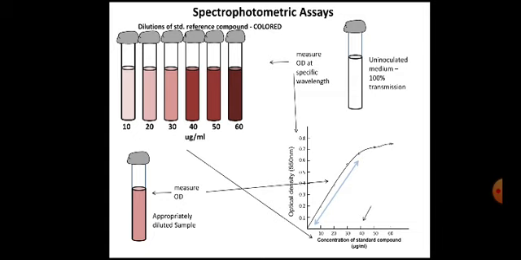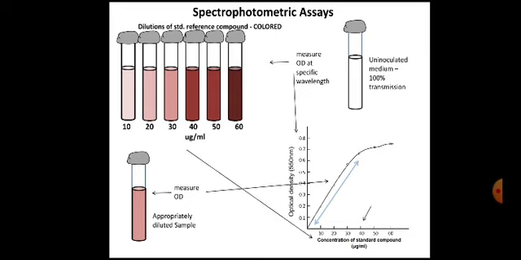and you have to correlate this optical density with the concentration of the compound. That means once you know the optical density, you can easily calculate the approximate concentration of the desirable fermentation product in the given preparation.